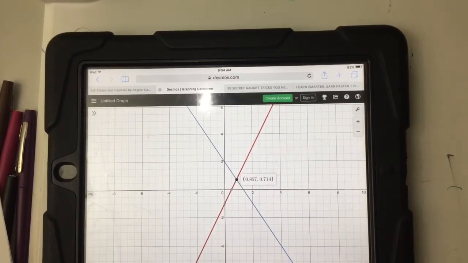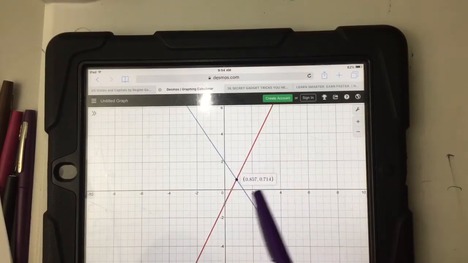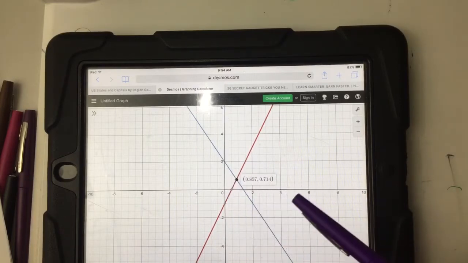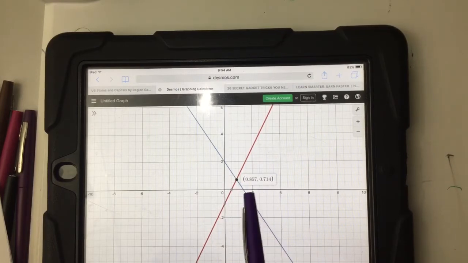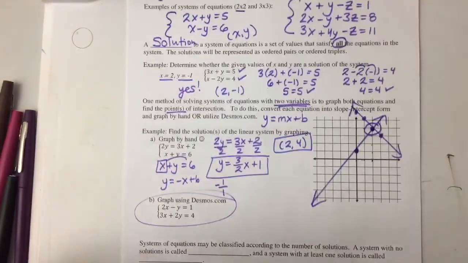Now notice this time we don't have integers. We have decimals. So this is an approximation. Desmos doesn't show you a complete value or give you the fraction form. It gives you the rounded decimal. So again, it is an approximation, but your solution here would be 0.857 and 0.714. So those are two examples of how you can solve by graphing.